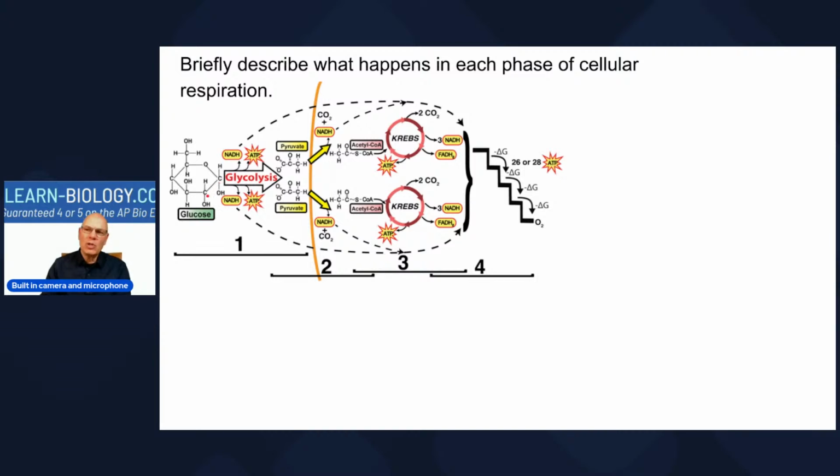And that renders glucose into a molecule called pyruvic acid. Along the way, the energy in the glucose becomes NADH, which is an electron carrier, and ATP, which can be used immediately for work. That NADH is going to be shuttled eventually to what's called the electron transport chain, which is where most of the ATP in cellular respiration is derived.